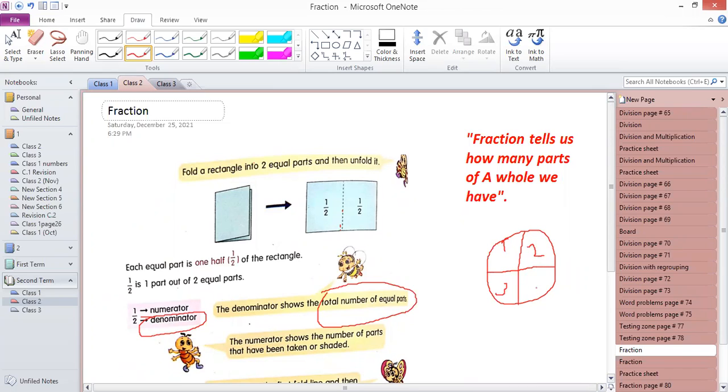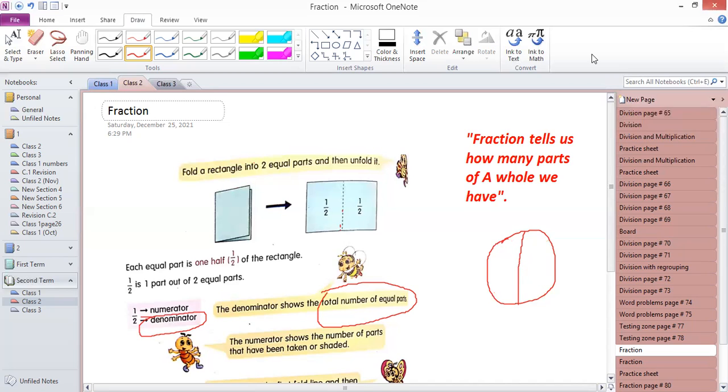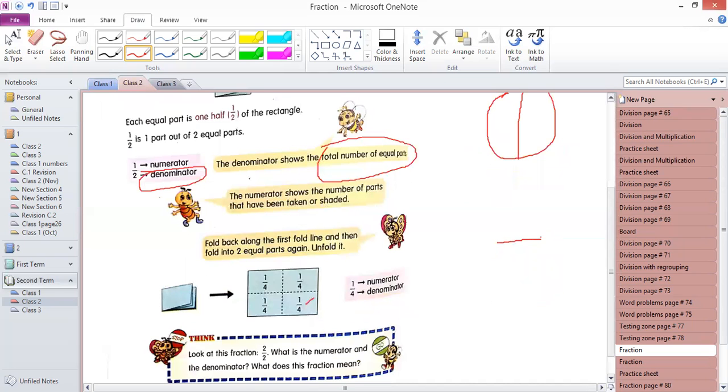And if we divide the circle into 8 parts, like this, 1, 2, 3, 4, 5, 6, 7 and 8, then the denominator will be 8. So denominator tells you the total number of equal parts, and in a fraction, we write the denominator down.